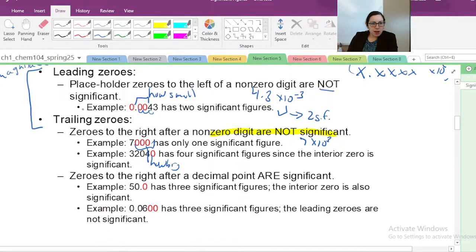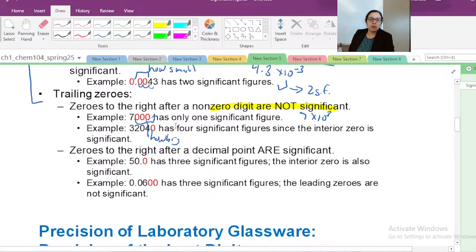All right, so then we have how small, how big, and then our last rule is now showing us accuracy. And again, we have to think about what this is saying. So now it's telling us, okay, zeros to the right after a decimal point are significant. And so now we're looking at 50.0.